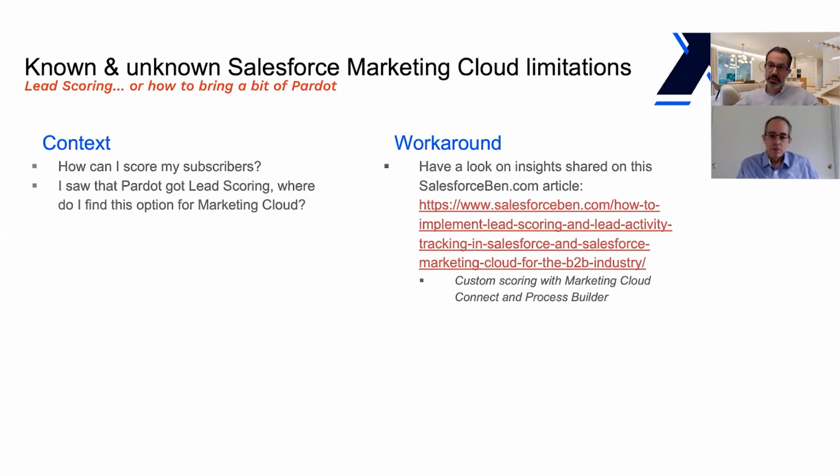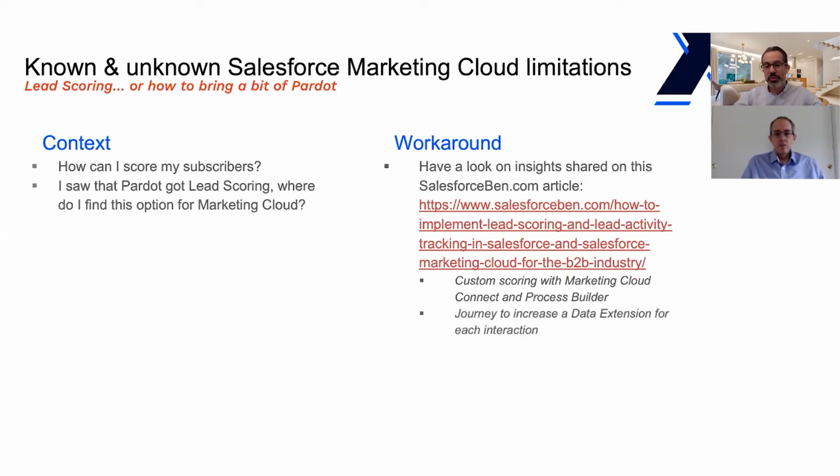And with Process Builder on your Sales Cloud, you will increase this dedicated custom score. Maybe opening an email is 5 points, and clicking on the links is 10 points. And again, through the connector, you will reuse this custom score, send it back to Marketing Cloud, and use it as a custom criteria.